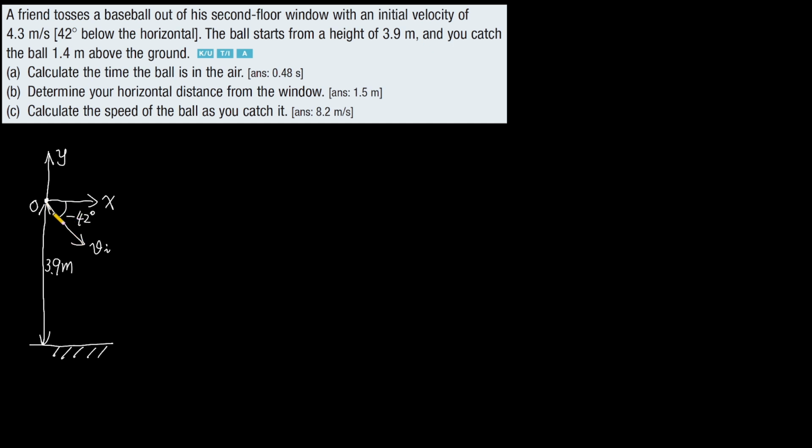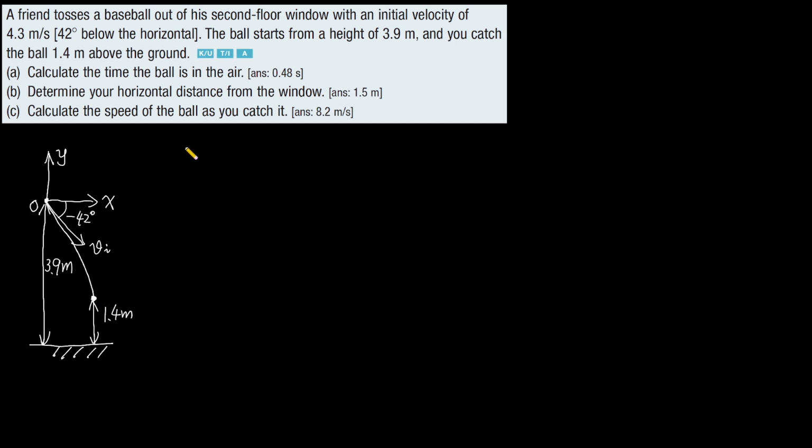And the ball moved along a parabola curve, and you catch the ball here. So from this place to the ground, the distance is 1.4 meters. You catch the ball here, 1.4 meters above the ground.